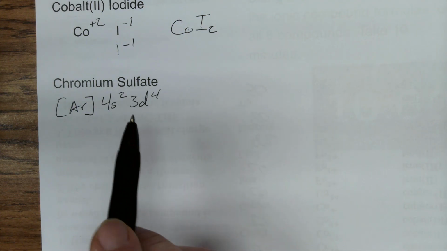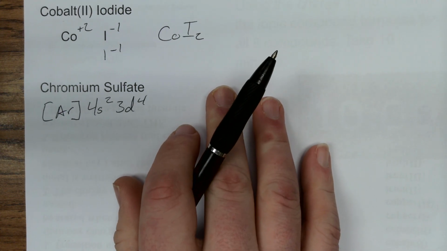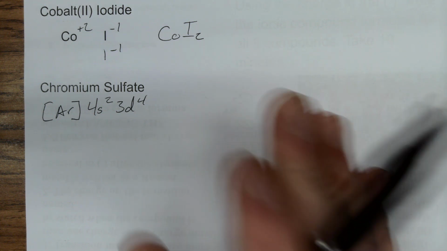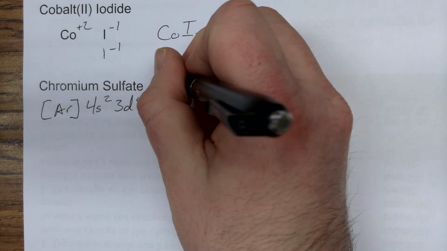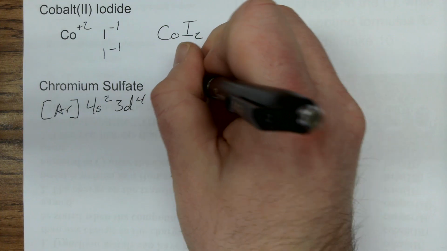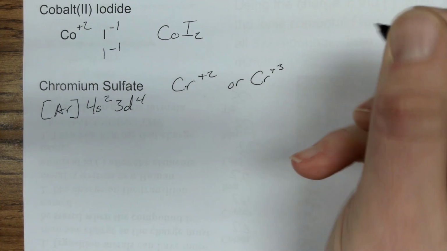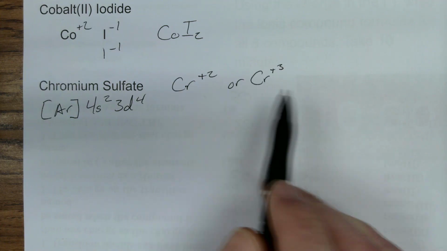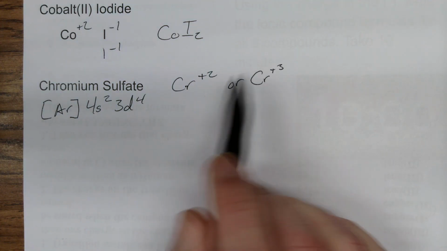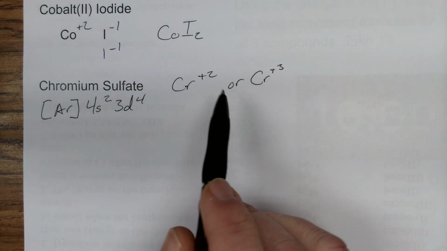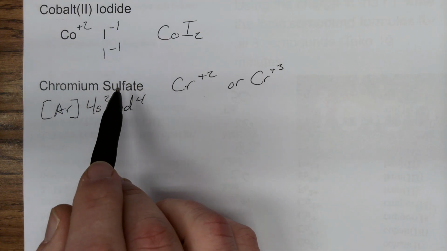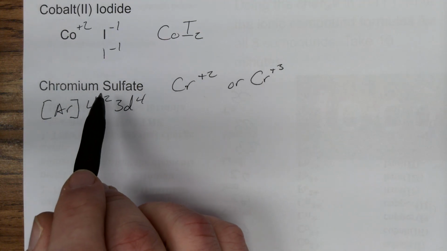That's how many valence electrons chromium can lose. But it likes to only form Cr+2 or Cr+3. And am I expecting you to memorize the major flavors for chromium? No, because I can pull out which one it is by looking at the formula, by looking at the name.